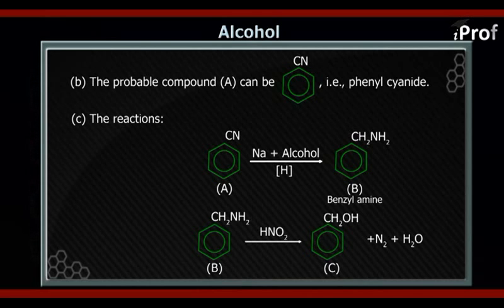and further it says that B gives off nitrogen and forms alcohol C when reacted with HNO2. Now basically this benzylamine is a 1 degree amine. When you react a 1 degree amine with HNO2, the products which we get are alcohols, the benzyl alcohol.